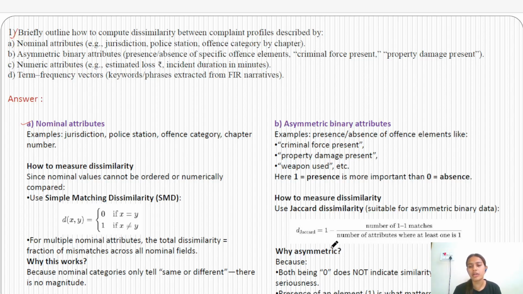What is the formula? 1 minus the number of 1-1 matches upon the number of attributes where at least one is 1. Why asymmetric? Because both being 0 does not indicate similarity in offense seriousness. Presence of an element, 1, is what matters legally.